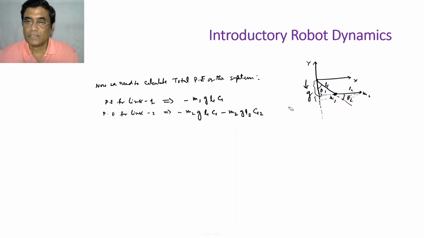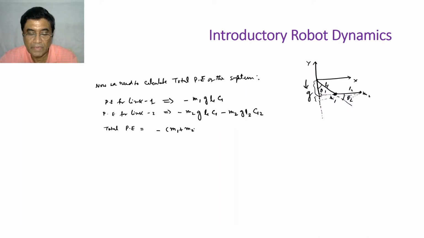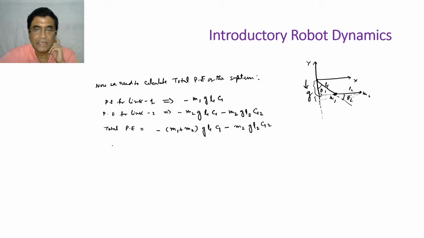So this is the potential energy for link 2. So now we are in a position to get the total potential energy, which will be this plus this: minus m1 plus m2 g L1 cos theta 1 minus m2 g L2 cos theta 1 plus theta 2.